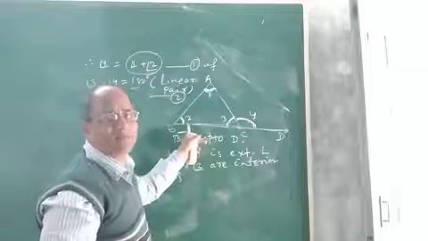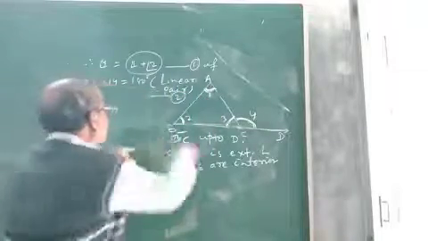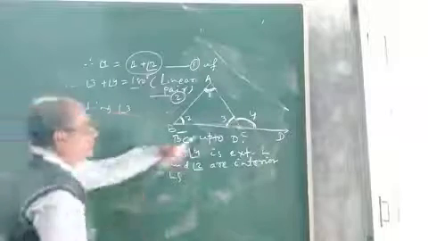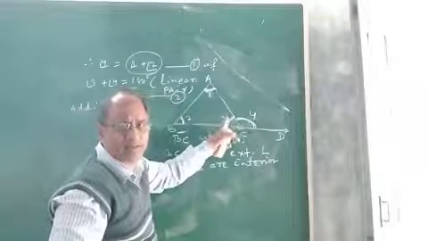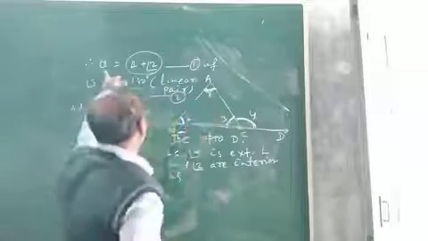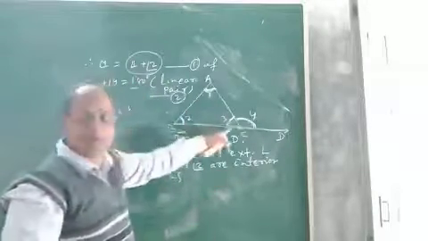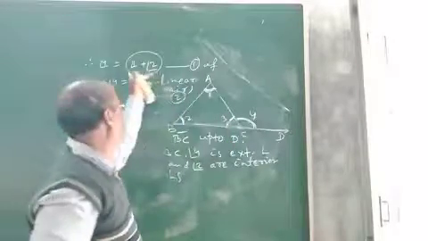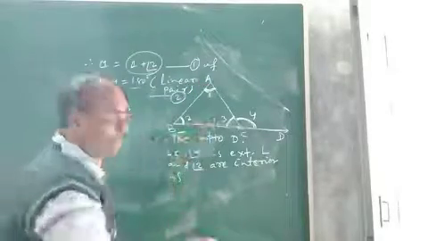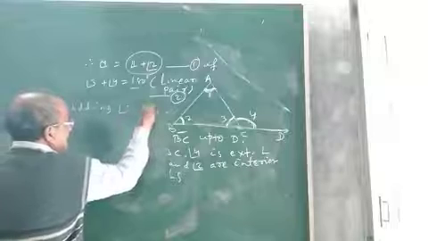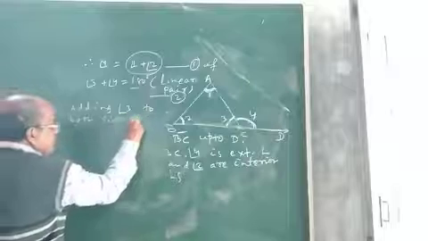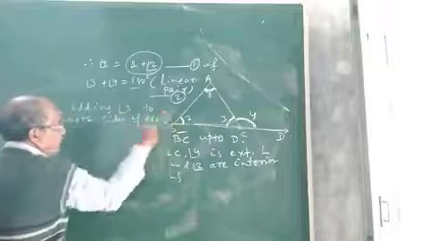Now to the sum of 1 plus 2, if we add angle 3, this interior adjacent angle 3, to both sides, I mean left hand side and right hand side of this equation, what will be obtained? Let us see. So adding angle 3 to both sides of equation 1, what will we get?